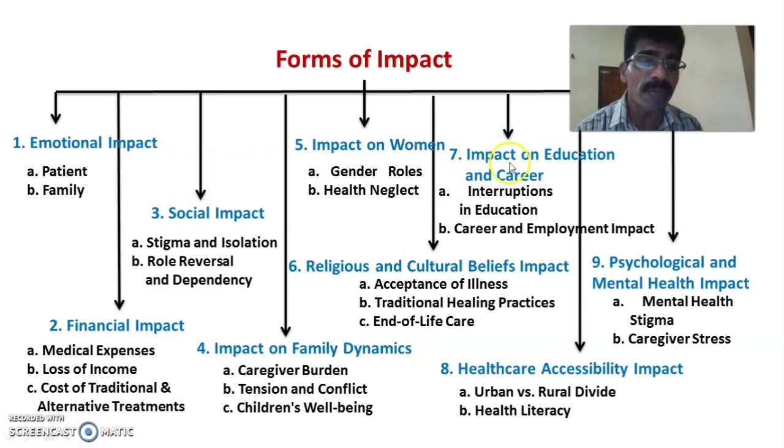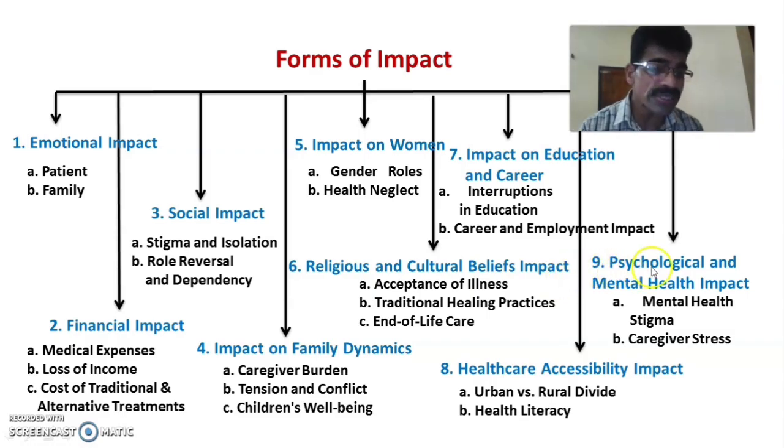Then the seventh is impact on education and career of the family members, that is interruption in education and career and employment impact. Then the eighth one is healthcare accessibility impact, that is urban versus rural divide, the difference in healthcare services availability in urban and rural areas, then health literacy or health awareness of the family members.